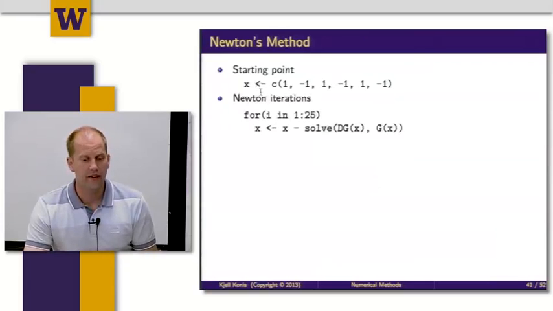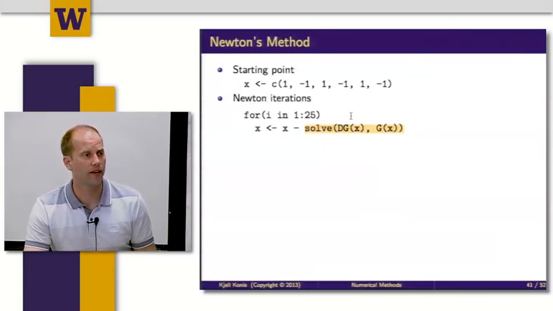And then again, the Newton iterations are very easy to write. So I just have to put the matrix here. So this is solving the linear system. What I want to solve is xk plus 1 equals xk minus the inverse of the gradient times the vector-valued function at the point xk.